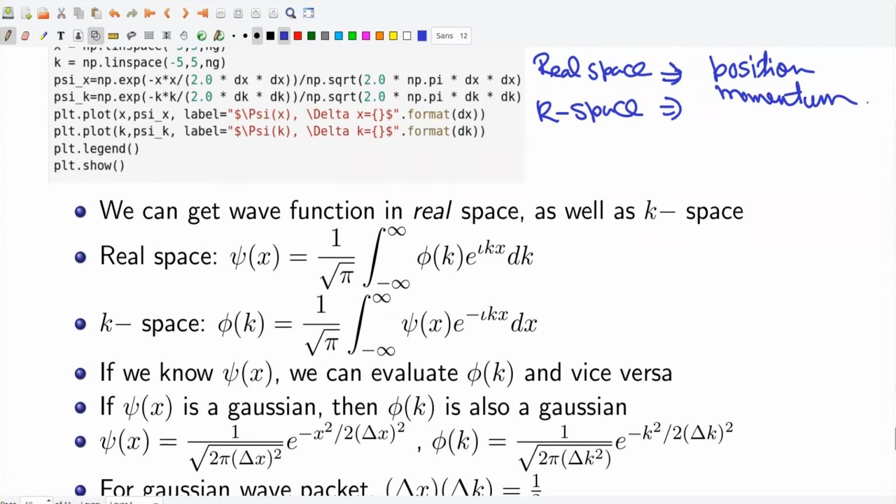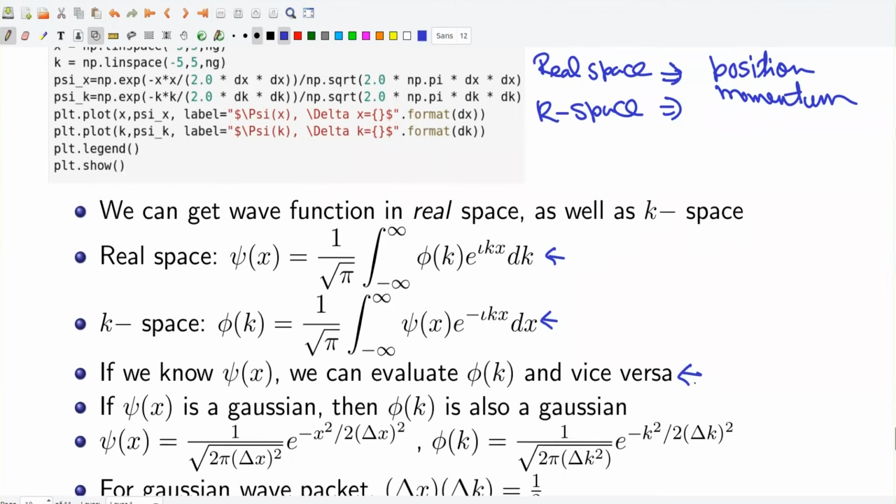The wave function in real and k space can be written in these forms. Thus, if we know psi of x, we can evaluate phi of k and vice versa. We can switch back and forth between real and k space via Fourier transform.